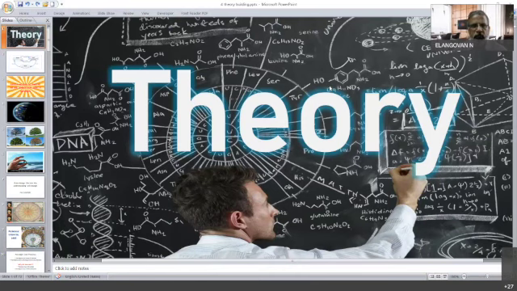Research starts with the theory and ends with the theory. Research is all about theory. Research is a process of theory development as well as theory testing.